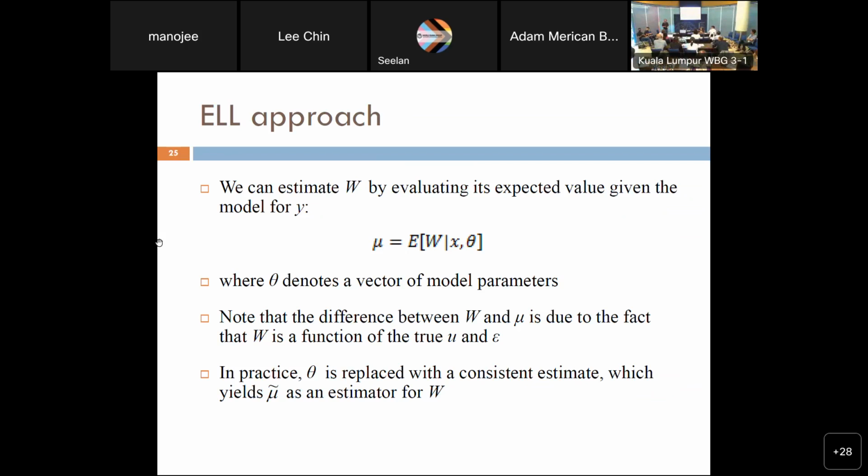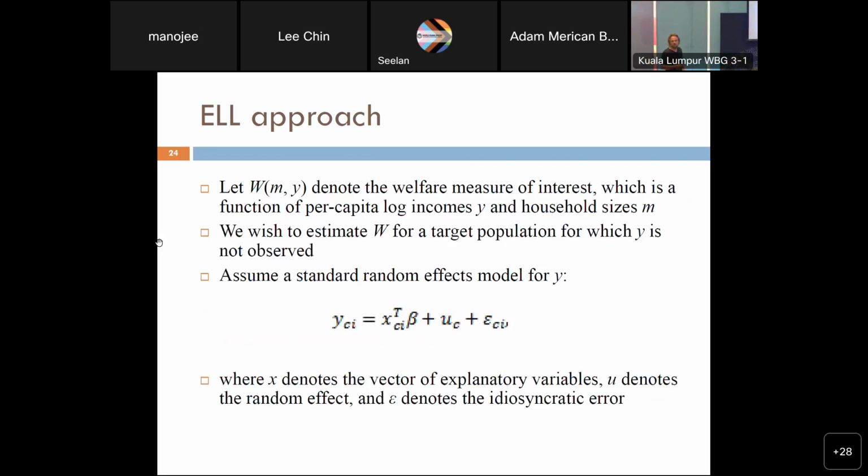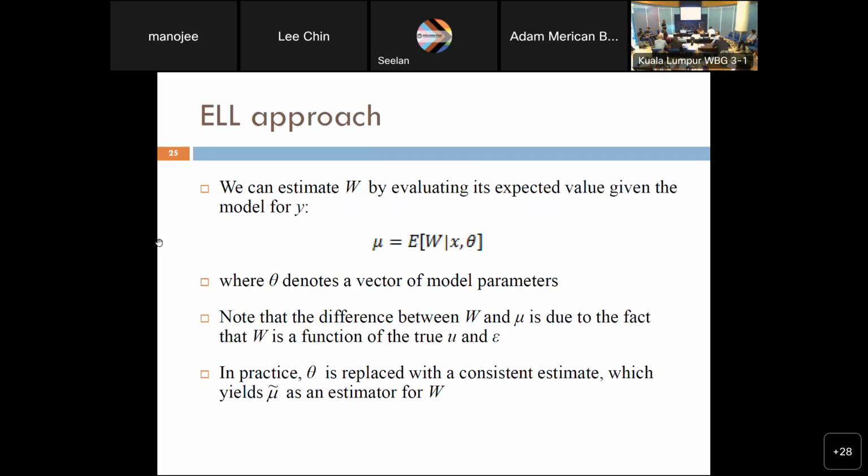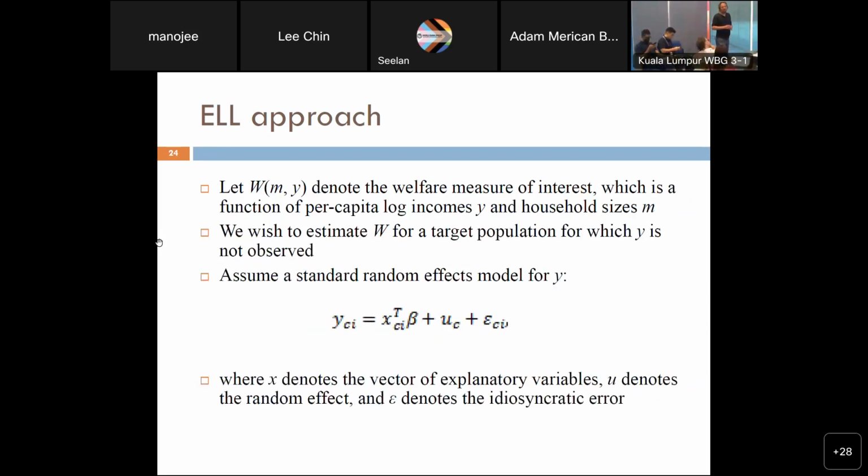Mu is the random effect, right? So the difference between what and what? Yes, the last term, epsilon c i. It's not a v, it's c i. It's a low resolution problem.